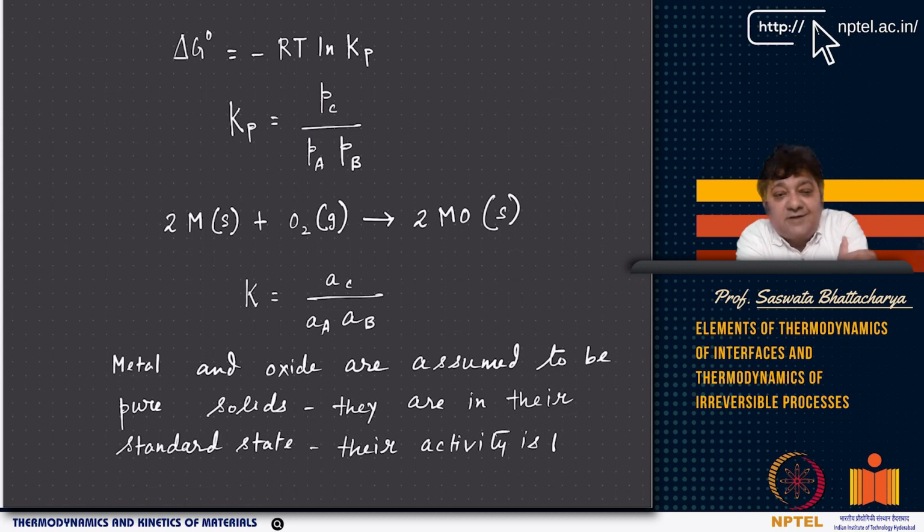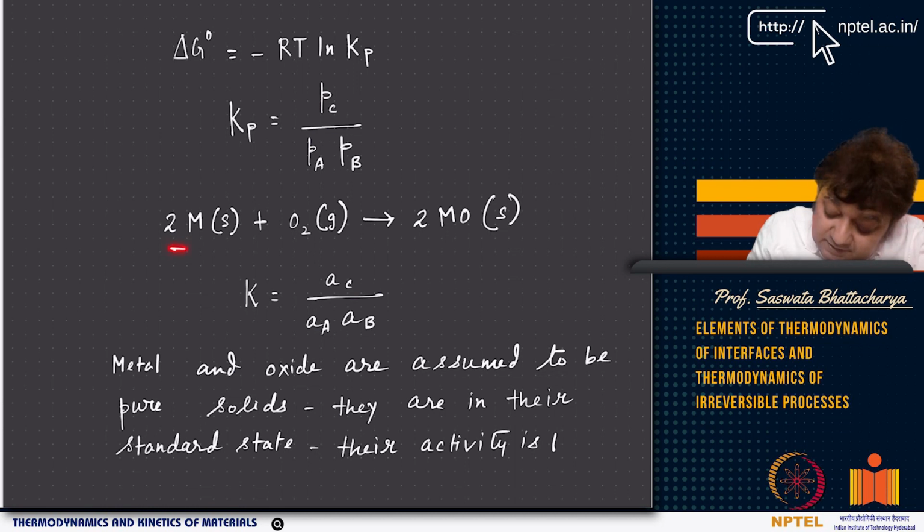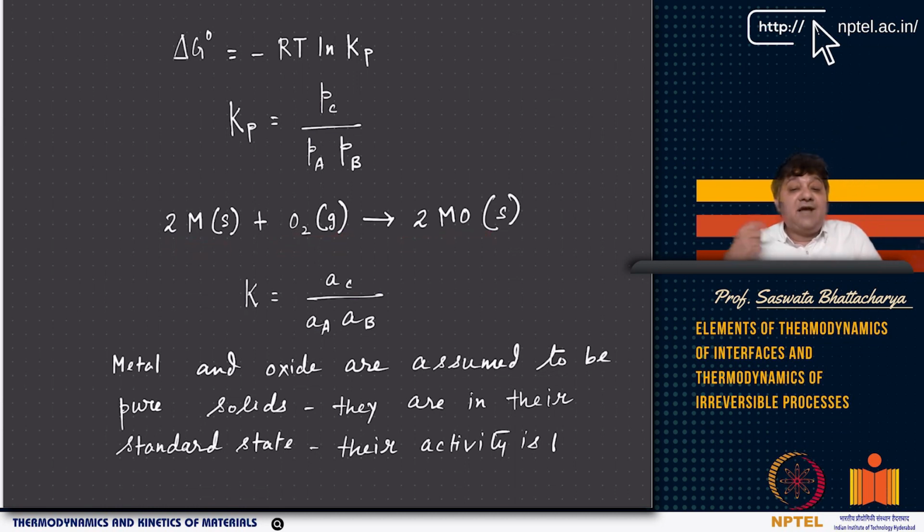Now, if you have a heterogeneous reaction where the metal is a solid, in this case the metal is a solid. It reacts with a gas and forms a solid. The first thing you notice is that it is consuming the gas. Gas has much higher entropy than the solid.